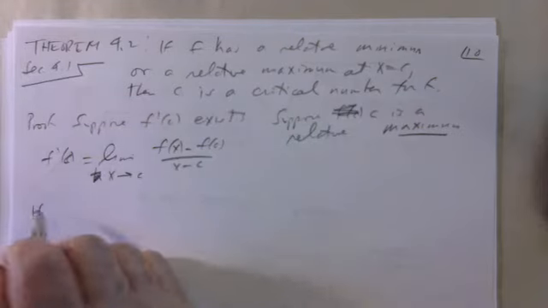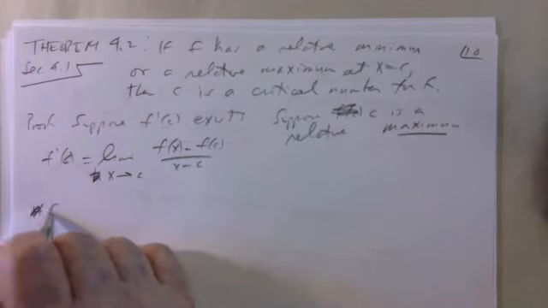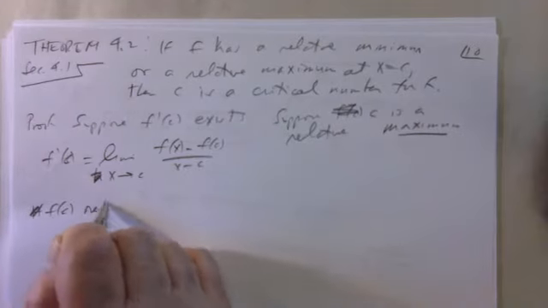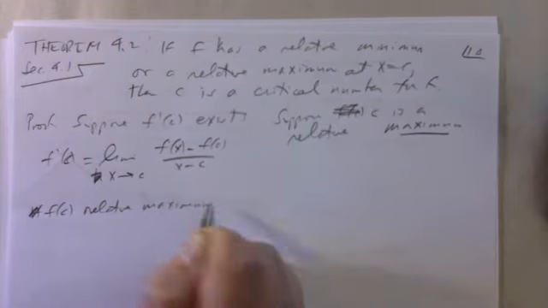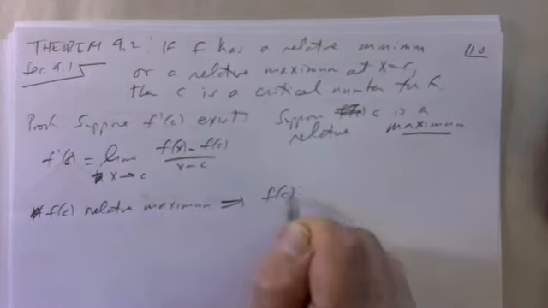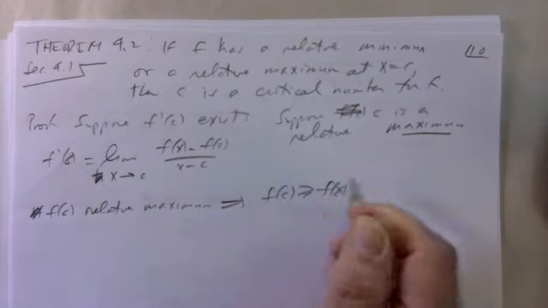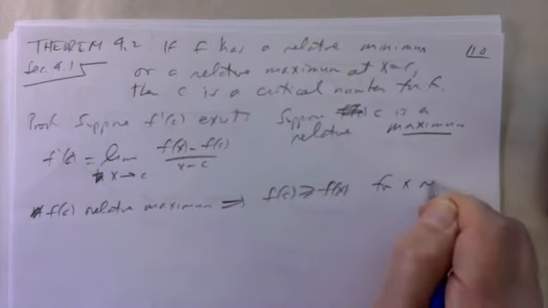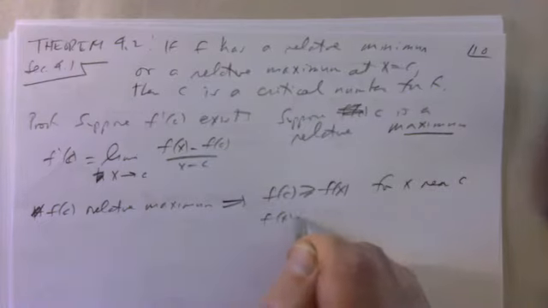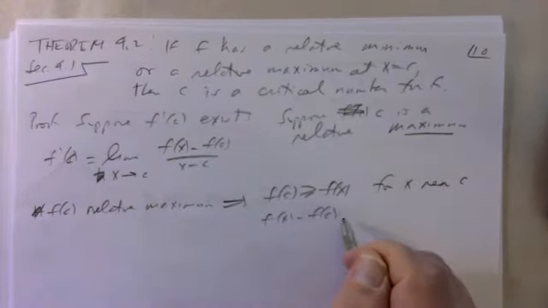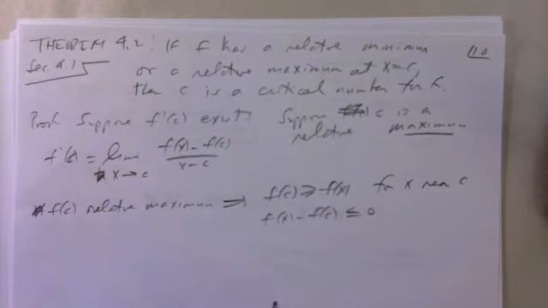Now, f of c a relative maximum means f of c is greater than or equal to f of x for x near c. That means that f of x minus f of c is less than or equal to 0.